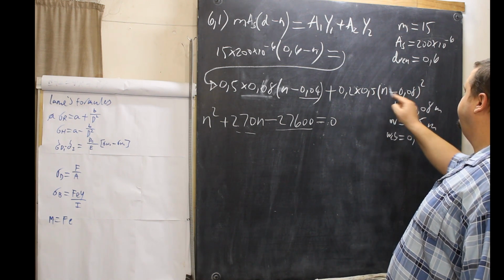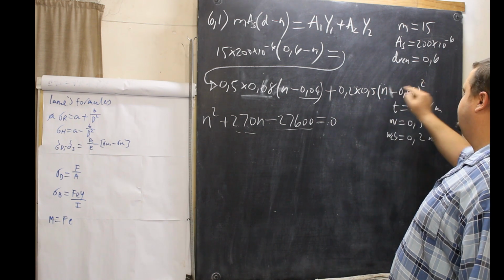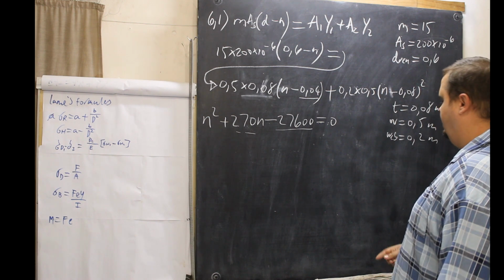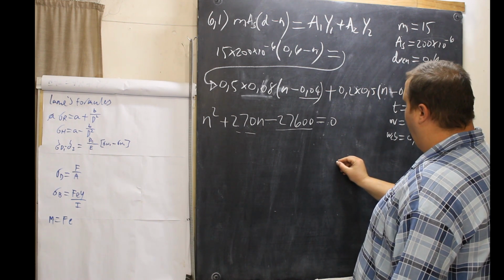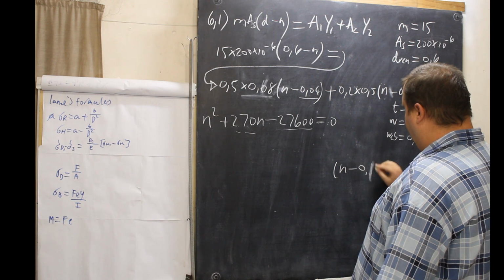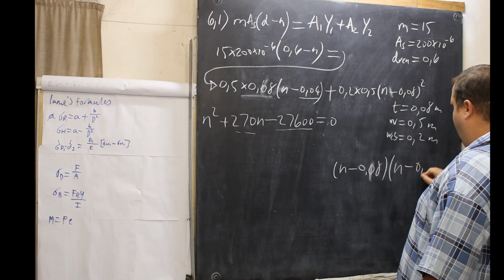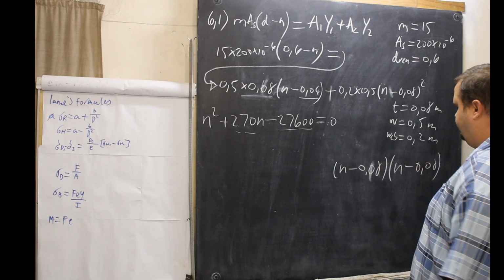So this is outside, so n times n is n squared, and so on and so forth. Just for a small thing, what we would do is n minus 0,08 times n minus 0,08.